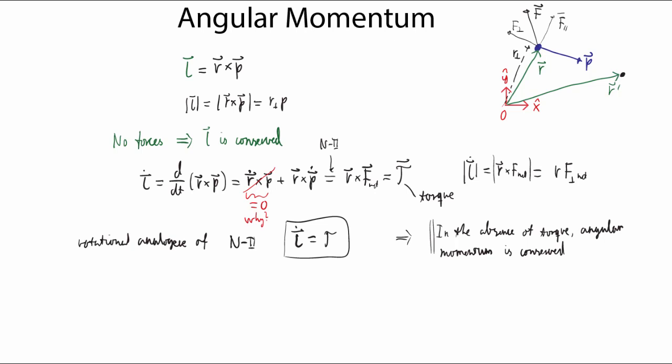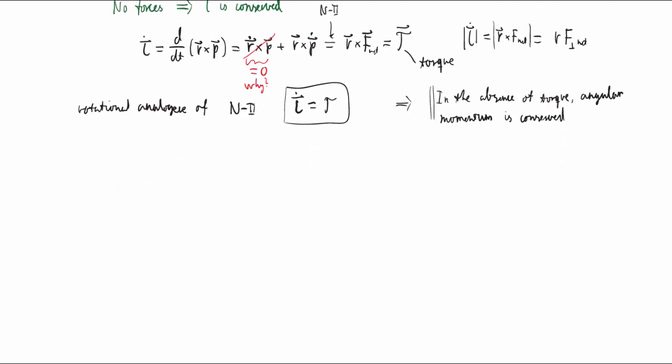Now, just as we did for momentum, we're going to consider now a multi-particle system. So it consists of many different particles. I'm only going to draw 4 here for simplicity, but it could be many more. Let's say that this is the alpha-th particle, and there are forces acting on the alpha-th particle from the others.